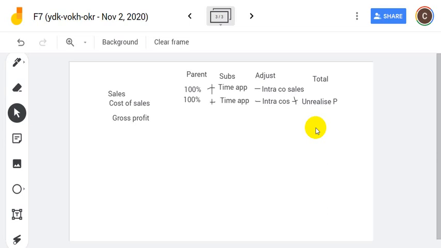Once you are done with those calculations, the rest of the calculations which will come after gross profit will be 100% parent and time apportion subsidiary.